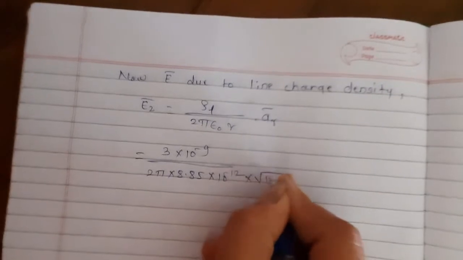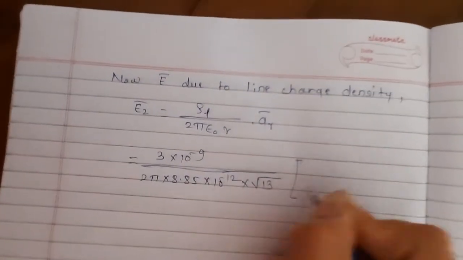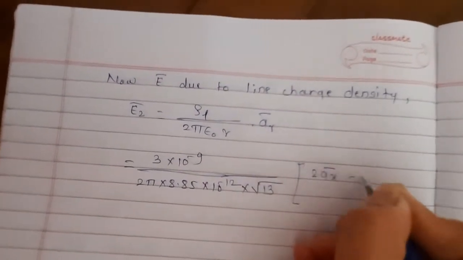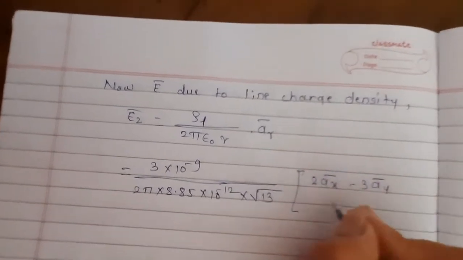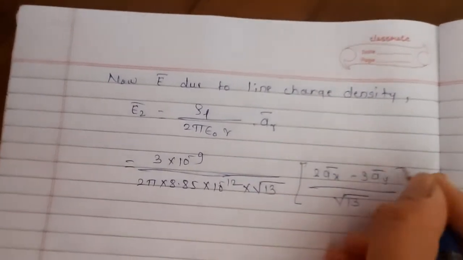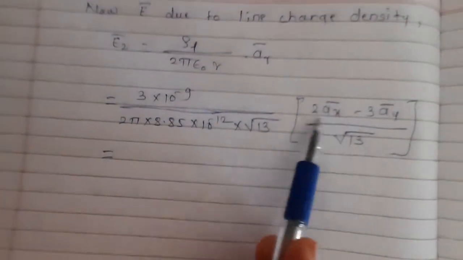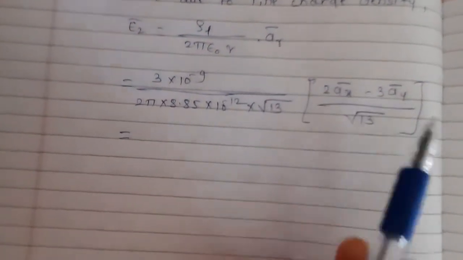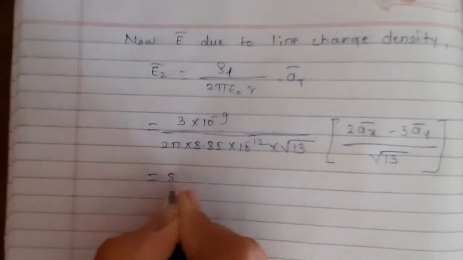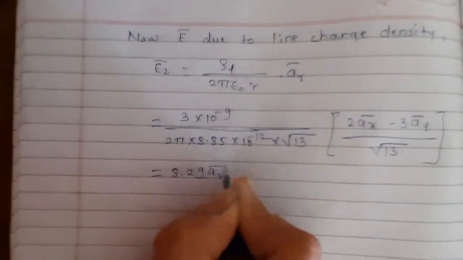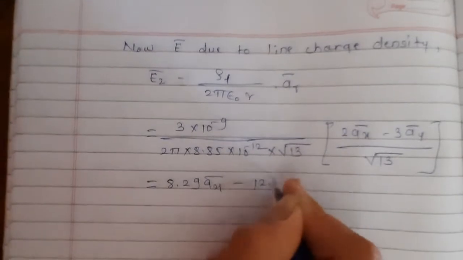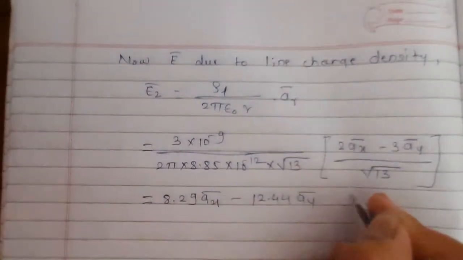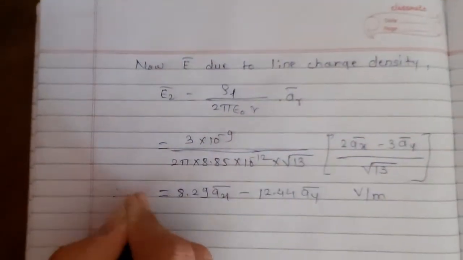By solving this part of the equation and multiplying the answer with this bracket, 2 ax bar minus 3 ay bar, we get 8.29 ax bar minus 12.44 ay bar volt per meter. So it is E2 bar.